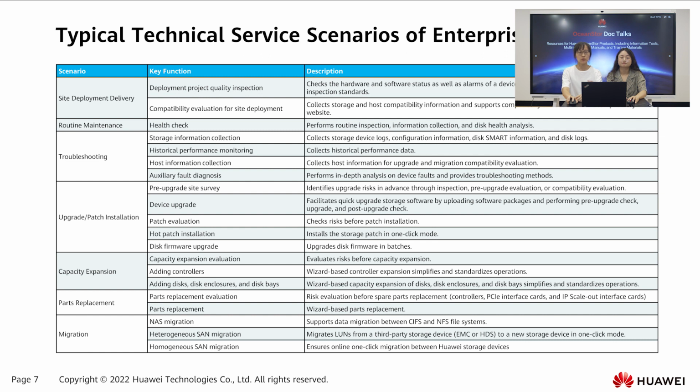Routine health checks will ensure stable running of devices. Pre-upgrade evaluation, capacity expansion, and parts replacement ensure reliable changes. This tool also facilitates replacing old devices with new ones and migrating services. It provides professional-grade and automatic migration tools. Next, we will describe each scenario in detail.